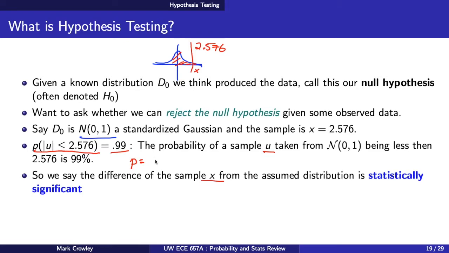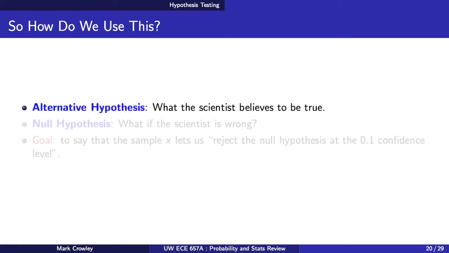The P is 1 minus the probability of that U being less than X. So in this case, it'd be 0.01 or 1%. And so if you're setting a 1% p-value, significance value, you're saying, I'm going to reject things unless they hold for 99% of the data. Whereas in this case, this X did not.